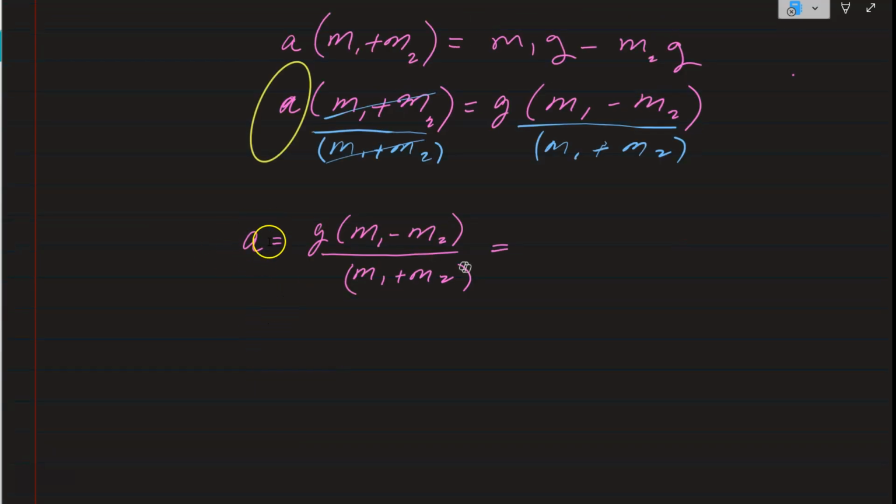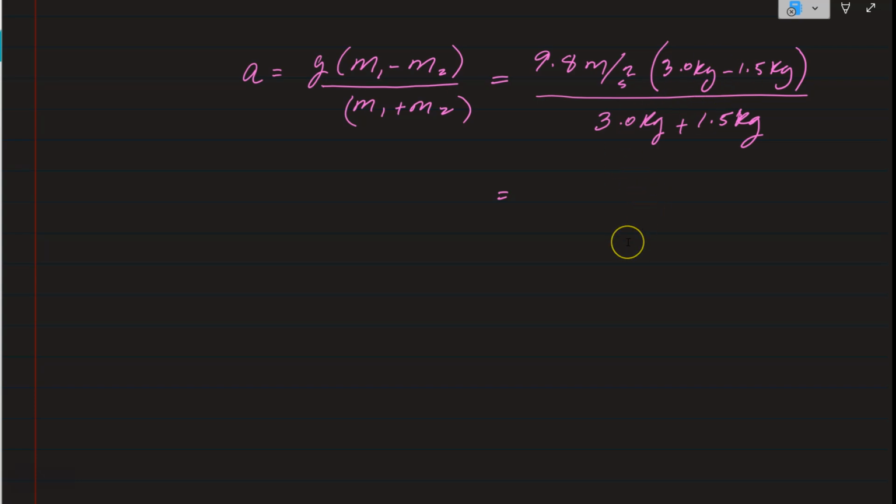So now that we have the acceleration formula set up, we're just going to substitute values for g, M1, M2, and then do the math. So here is the direct substitution, and when you do the math, you get 3.27 meters per second squared. That is the acceleration of the system.